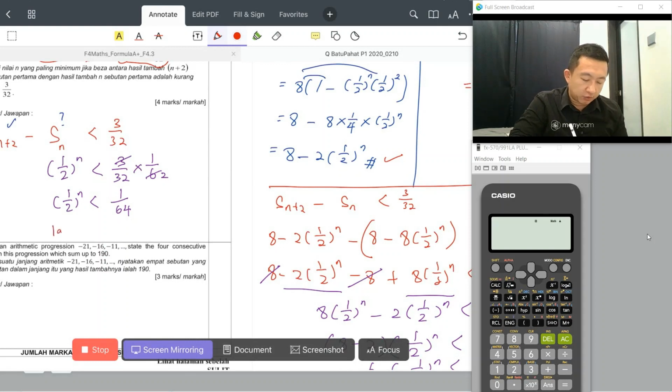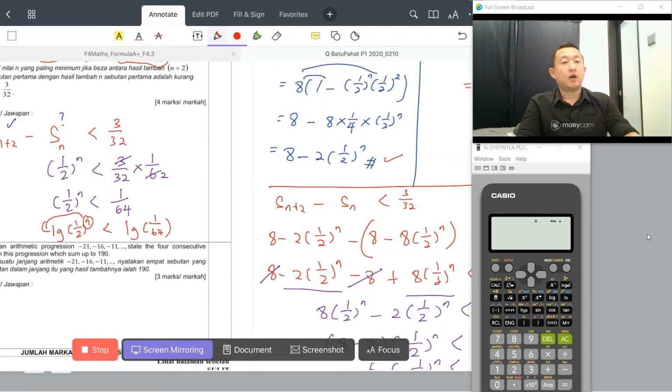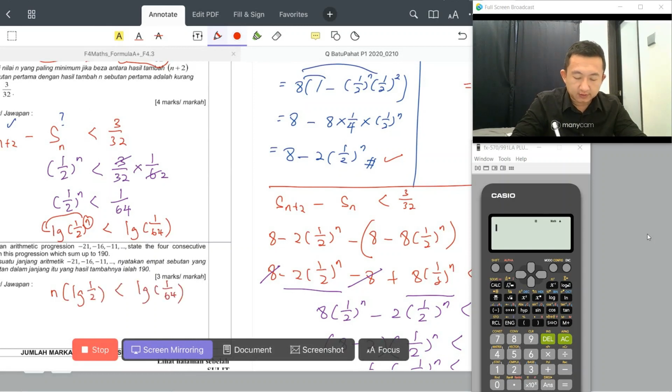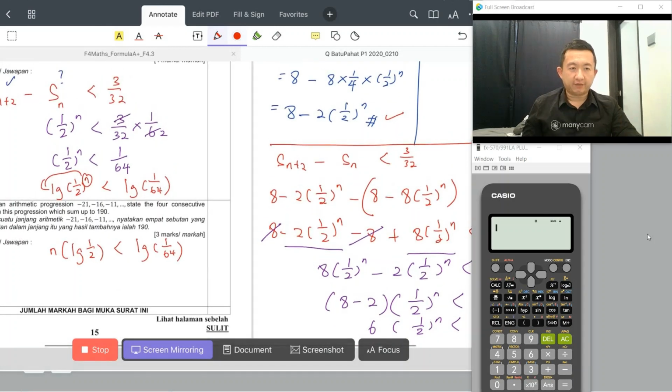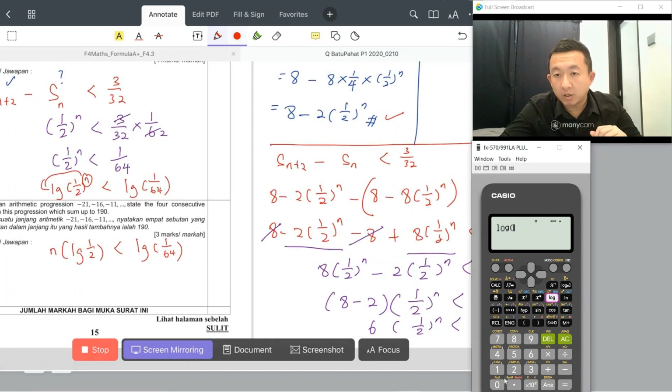So lg 1 over 2 to the power n less than lg 1 over 64. Okay, and this power n, you can bring it down. When you bring it down, that would be n bracket lg 1 over 2 less than lg 1 over 64. And be careful, when you type log 1 over 2, which is log 0.5, check the answer.